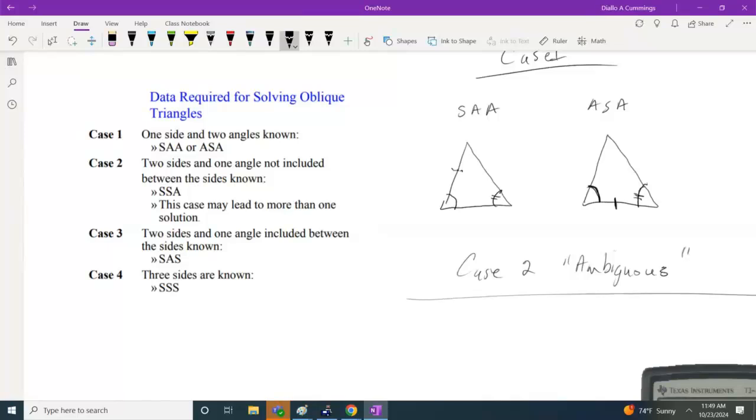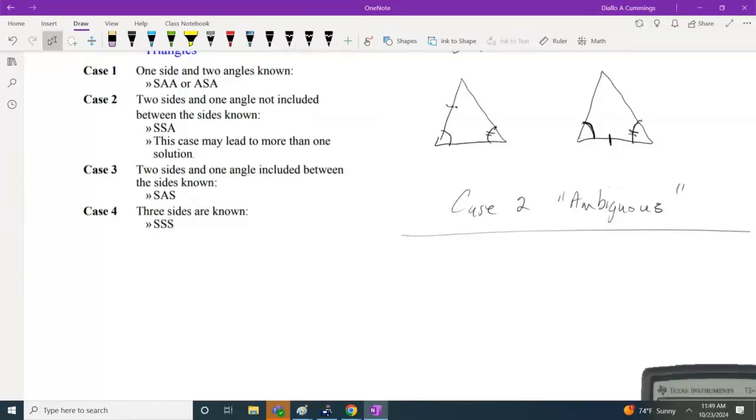And ambiguous just means you've got more than one answer. For this ambiguous case, these are the possible solutions, and this is why it's ambiguous. You can have a no triangle solution, you can have a one triangle solution, or you could have a two triangle solution.